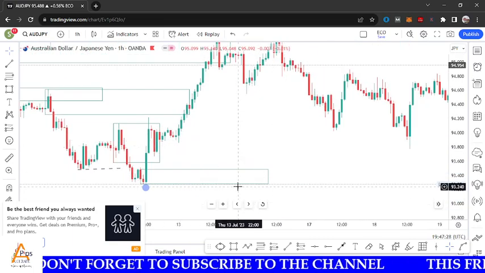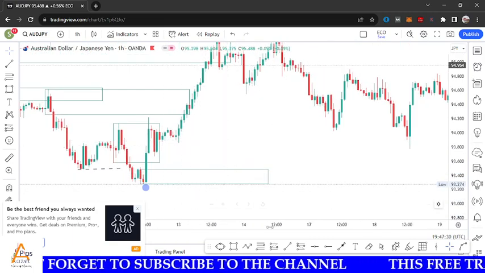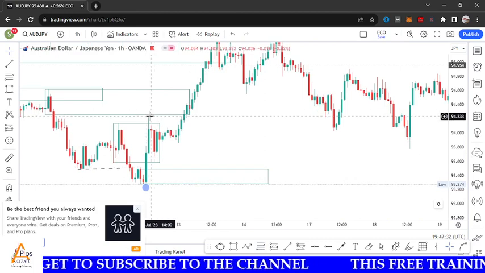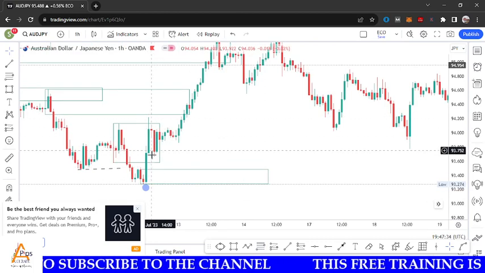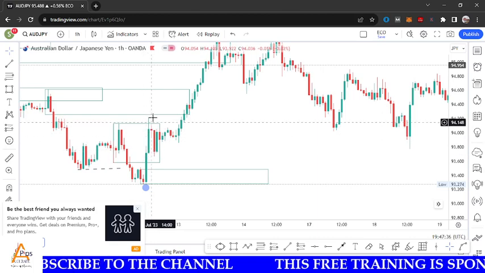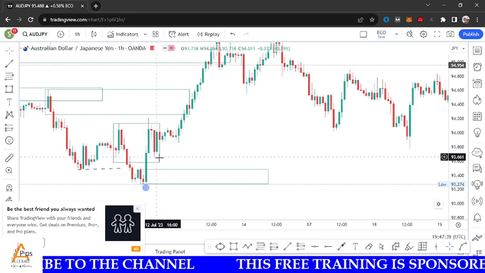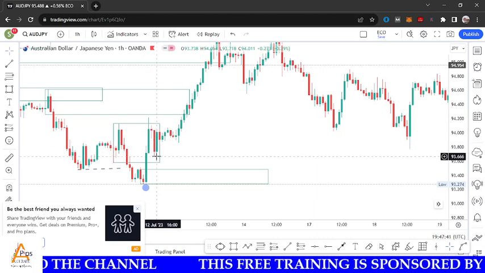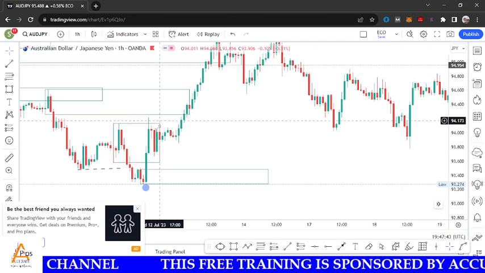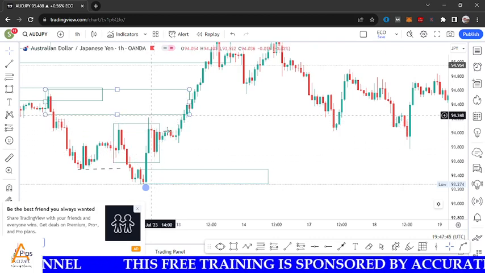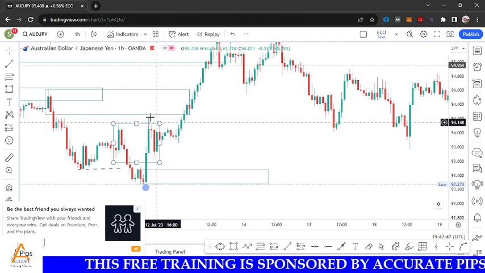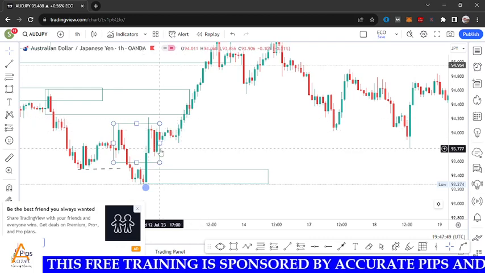Okay, so unmitigated, we can see that this main candle flow has been taken out here by this guy. Then we have this move up, but within, this internal move.